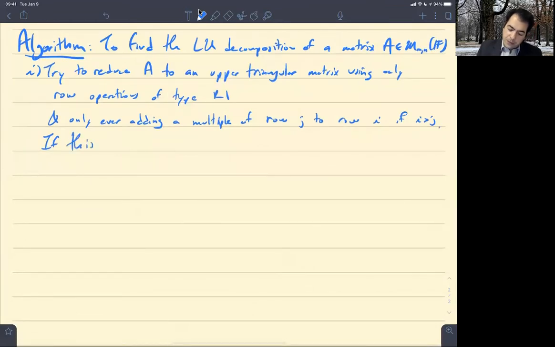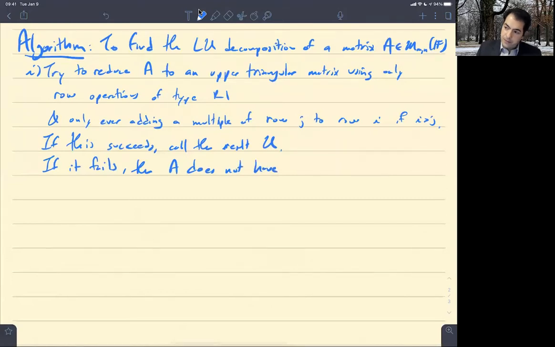If this succeeds, call the result U. If it fails, then A does not have an LU decomposition. Right? How do we know that? Well, you can always write the inverse of this, if you have such a thing.